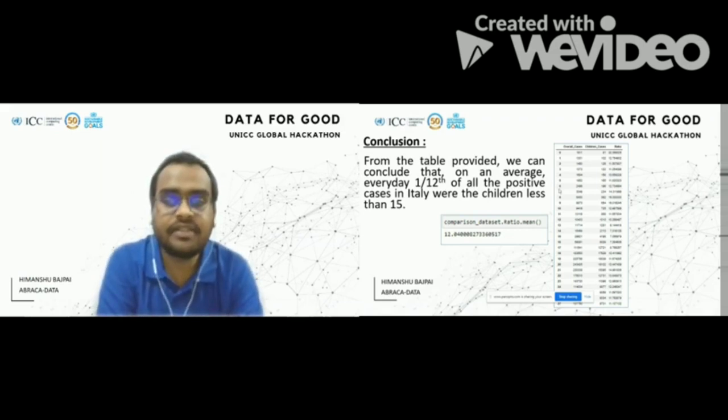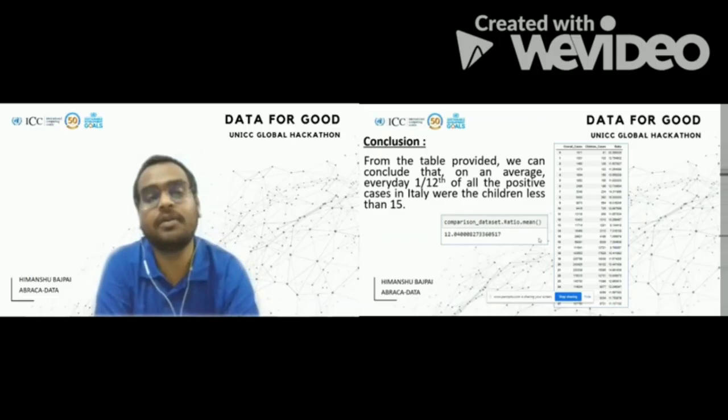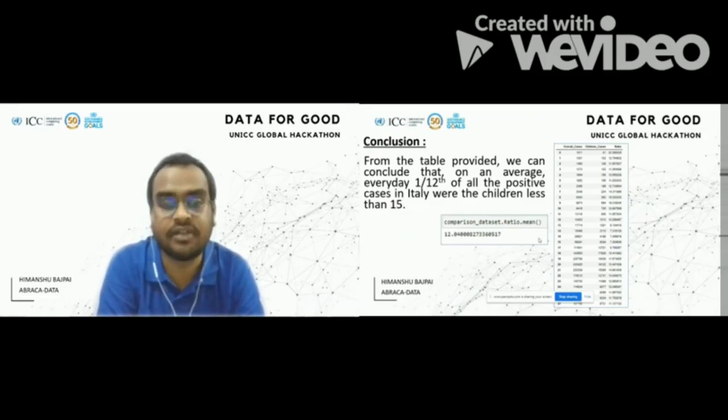On average, every day 1/12 of all the positive cases in Italy were actually children who were less than 15 years of age. So this is a good insight from the data set that we got.